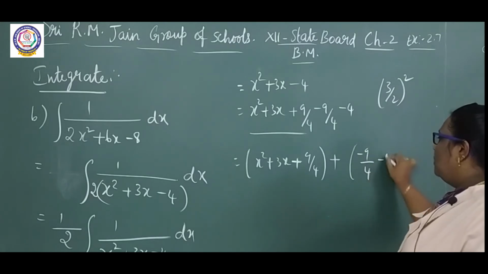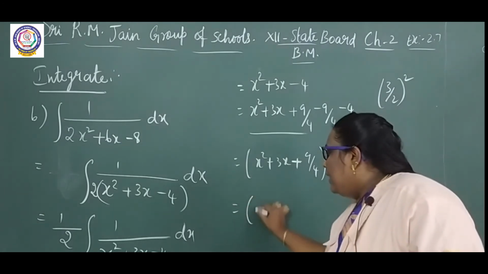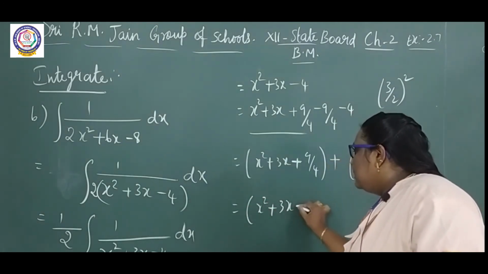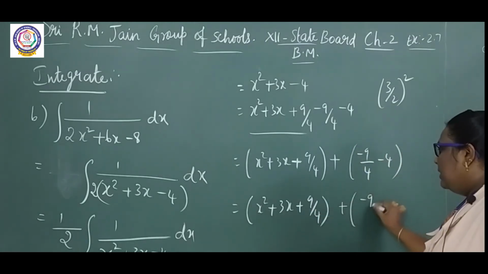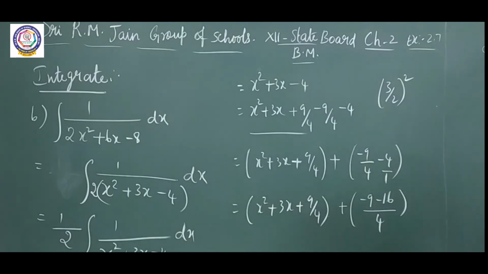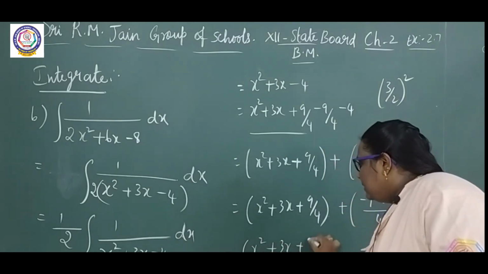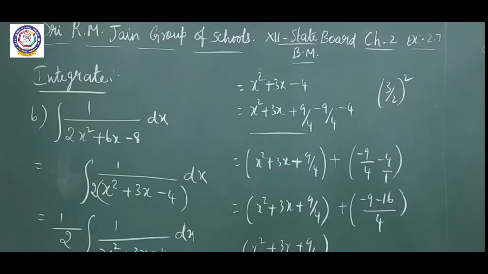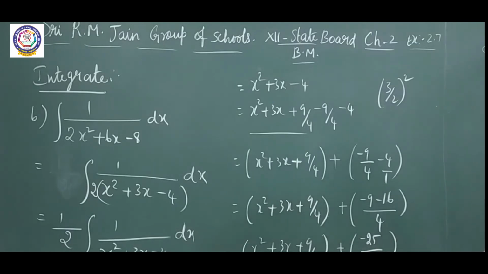Then x square plus 3x plus 9 by 4 plus minus 9 minus 16 by 4. You can take the LCM as 4, so 4 into 4 is 16. It gives x square plus 3x plus 9 by 4 minus 25 by 4.